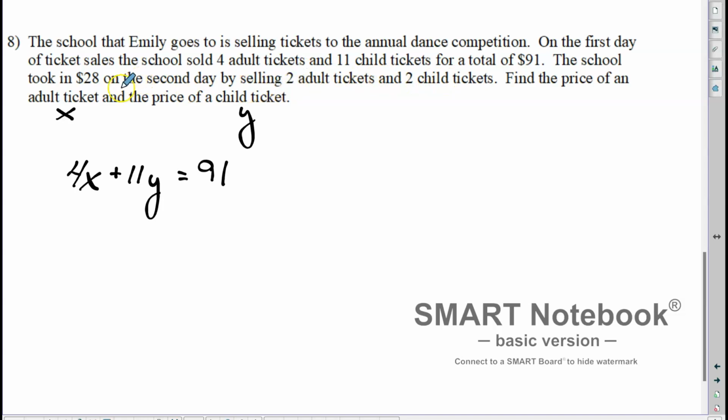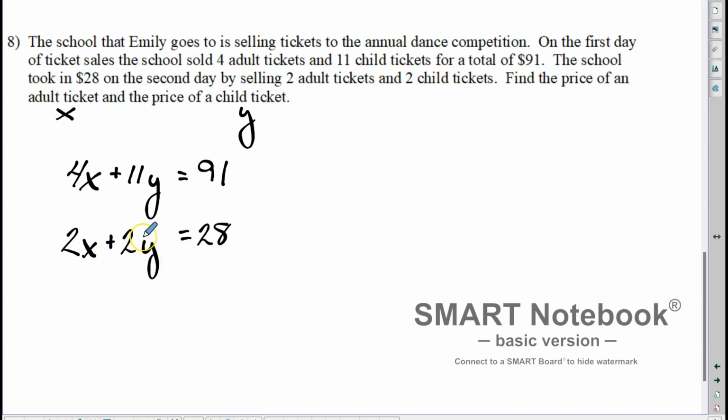I could write it out exactly as is, but I'm going to tweak things because I think I've got a good idea of what's happening. So $28 is the total, and we have 2 adult tickets. Labeling this is going to make my life completely easier, rather than trying to remember, which is not going to happen. It gets confusing. So, 2 adult tickets and 2 child tickets.